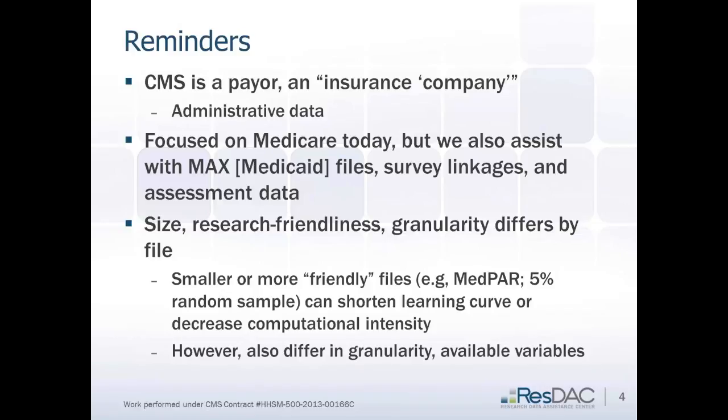Some files may be more user-friendly or smaller, requiring less computer storage and processing power, which can be significant hurdles, or which have fewer data restrictions in terms of confidentiality and data storage. These benefits are good, but they may have to be balanced against potential decreases in granularity, though the trade-off depends on the variables you're interested in and may not be an issue, so it's important to check and ask ahead of time.